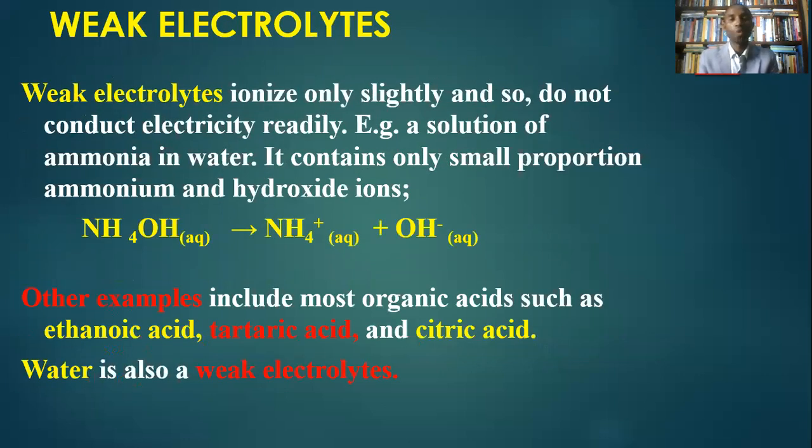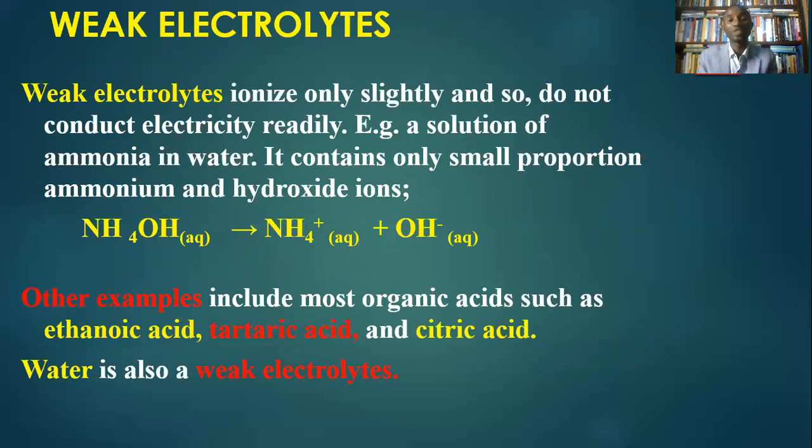Now, what are the weak electrolytes? Still remember that both strong and weak electrolytes are all electrolytes. But in case you are expected to differentiate them, weak electrolytes, of course, ionize, but they ionize slightly. So for that reason, they do not conduct electricity readily the way the strong electrolytes do. Something like ammonia solution, ammonia in water, ammonia aqueous.